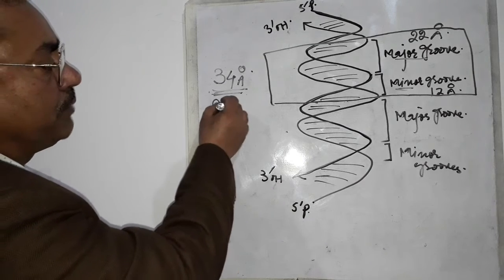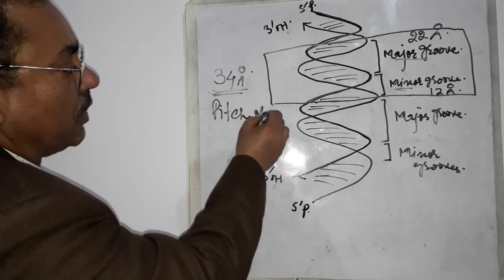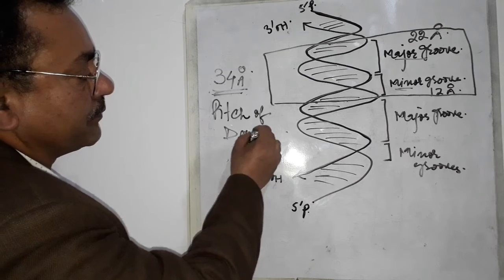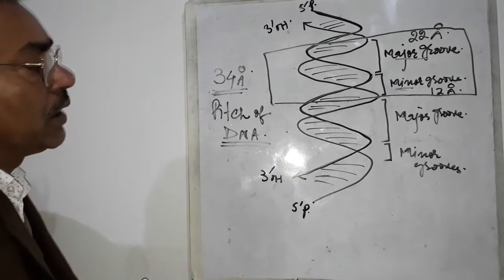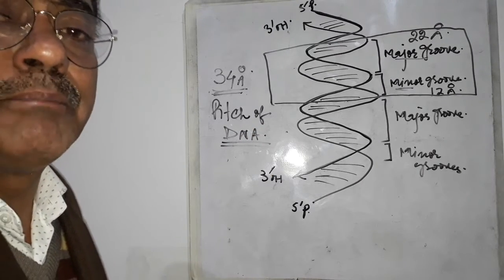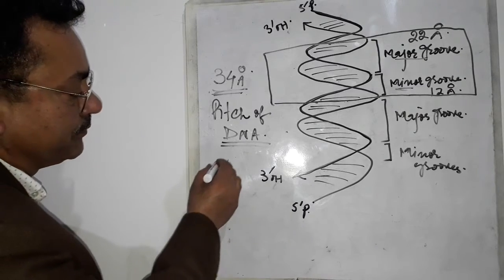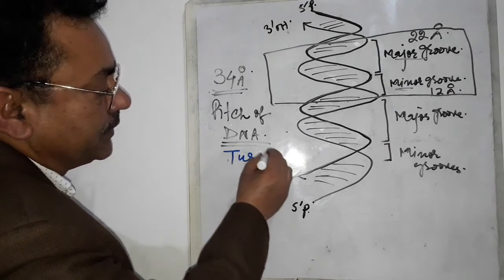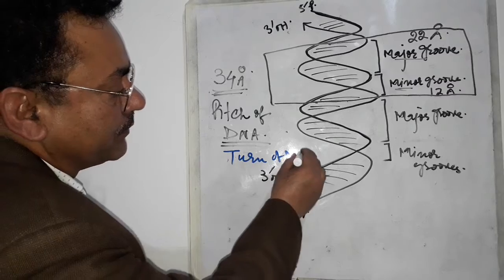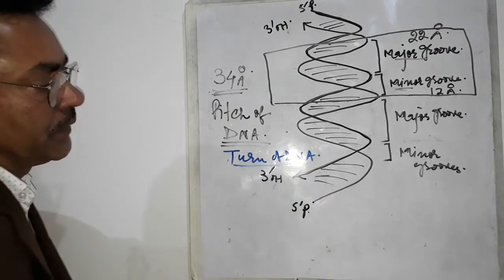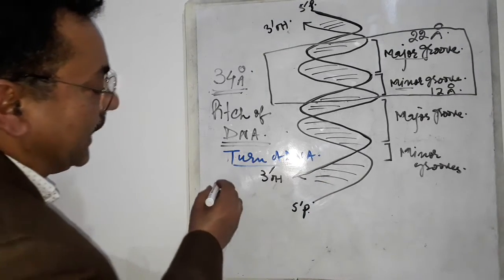You can call this pitch of DNA, or you can also call it as one complete turn of the DNA. Turn of DNA. One turn of DNA. Or you can call it as a gyre.